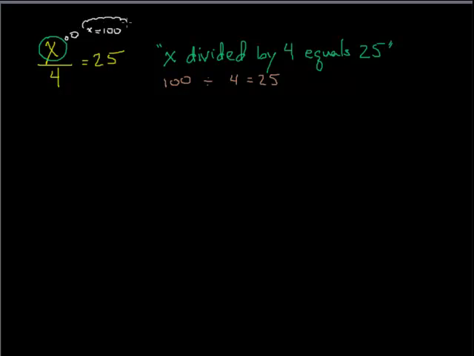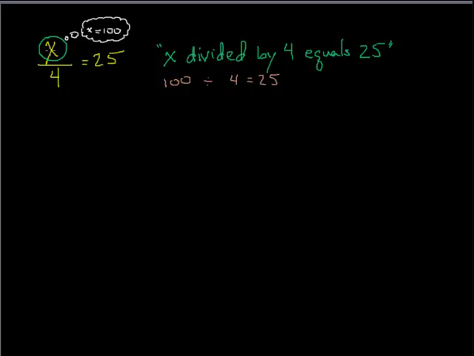If that wasn't obvious, don't worry, because there is another way to do this, the algebra way. You really want to rely more on the algebra approach, because if we rely strictly on guessing, some equations are going to get more difficult, and it's going to become almost impossible to figure out. So let's use an approach similar to what we did in the previous tutorial.